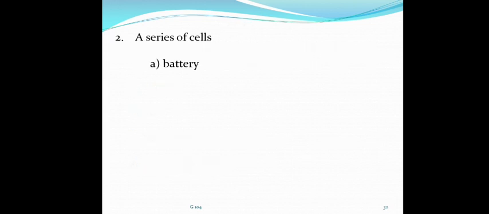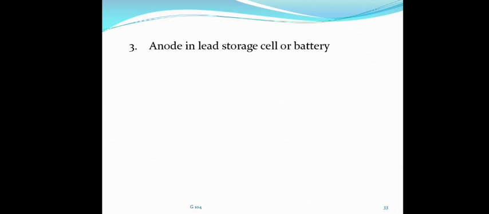A series of cells arranged in a row, is it called a battery or voltmeter or accumulator or chip? So it is simply a battery. Anode in lead storage cell or battery, what is anode, Pb or PbO2?